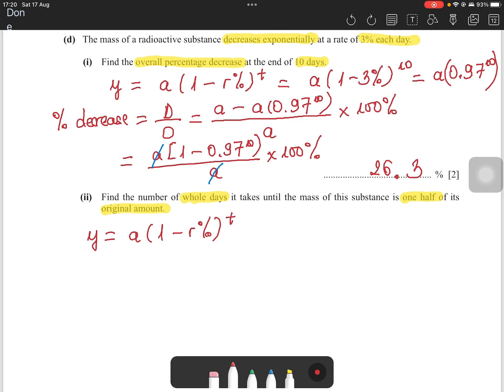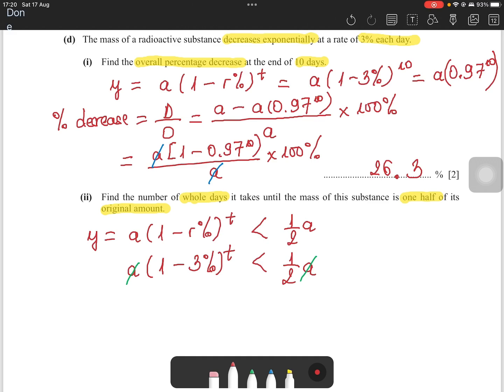In this case, we want this amount to be 1/2 of the original amount. So let's substitute 1 minus R%, R is 3% in this case, to the power of t to be less than 1/2 of A. Now we can cancel the original amount.